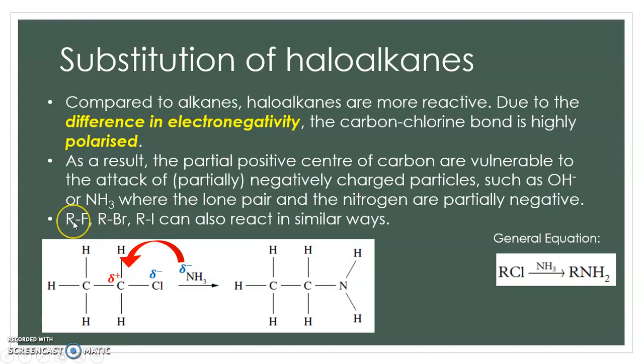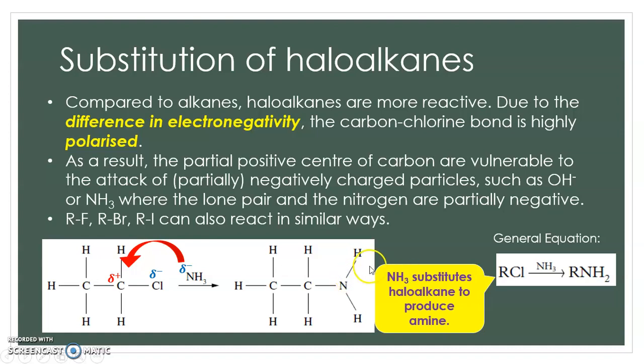Or all those haloalkanes, fluoride, bromide, or iodide, can also react in similar ways. Okay? So the general equation shows the pattern, the type that we want to memorize. That is, ammonia substitutes the halogen on the haloalkane to produce an amine.